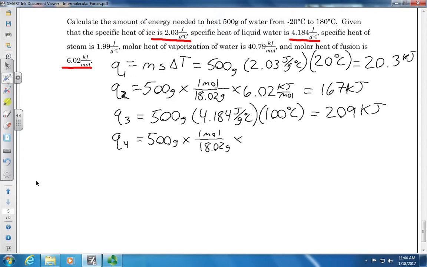And we're going to want to multiply that by our molar heat of vaporization, which is right here, 40.79 kilojoules per mole. And that's going to give us 1,130 kilojoules.